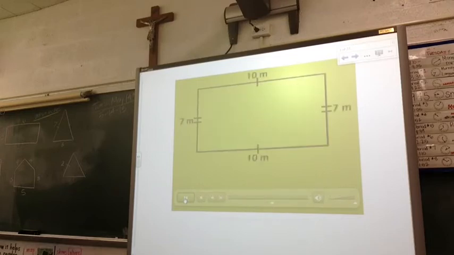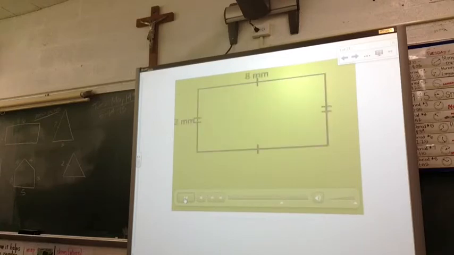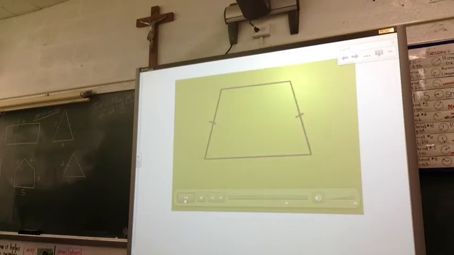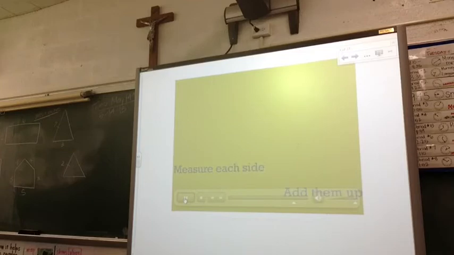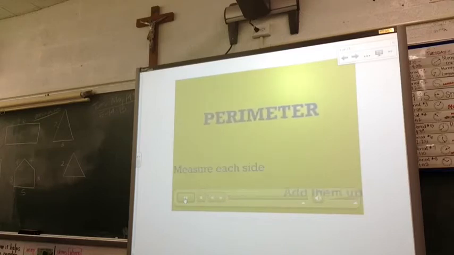Perimeter, that's perimeter, that's perimeter. Perimeter, you have to measure each side one at a time. Write them down, add them up, and what do you find? Perimeter, that's perimeter, that's perimeter. Perimeter, you have to measure each side, add them up. And we find perimeter, that's perimeter, that's perimeter. Perimeter, you have to measure each side, add them up. And we find perimeter, that's perimeter, that's perimeter.